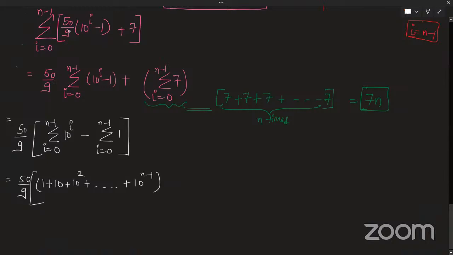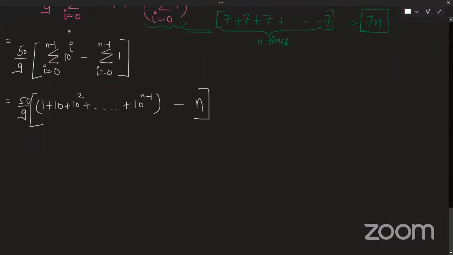And what is the second sigma? Sir, it is n. Correct, n. So now can you help me calculate the sum of this GP?